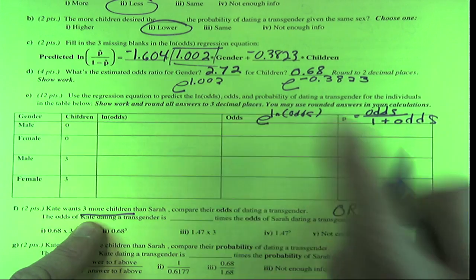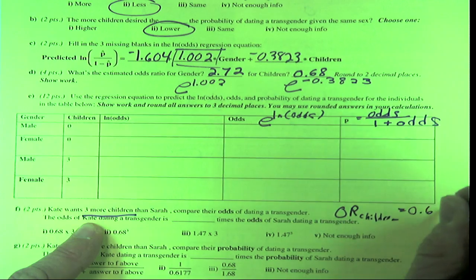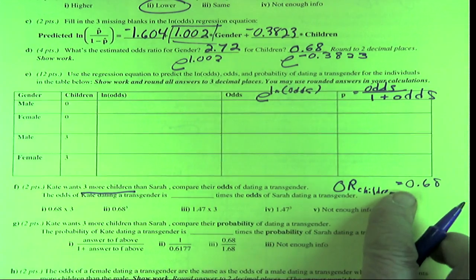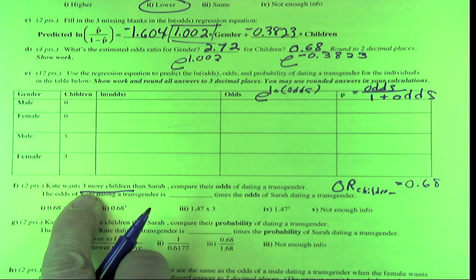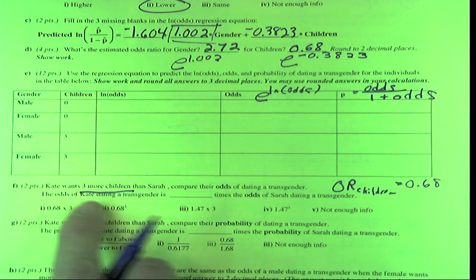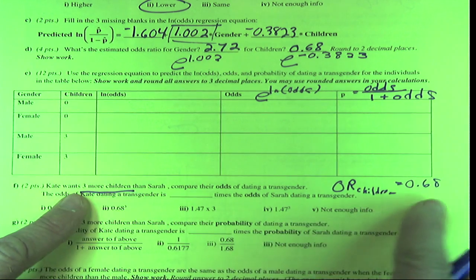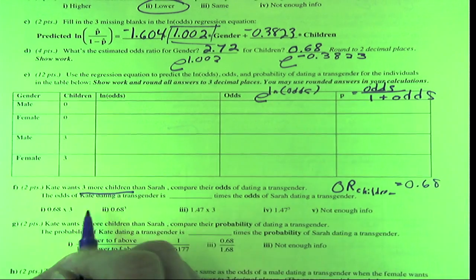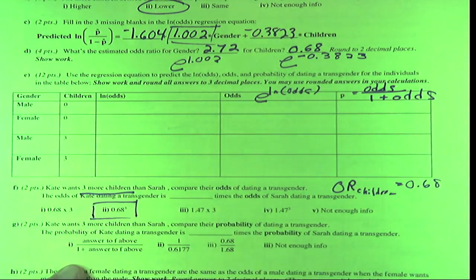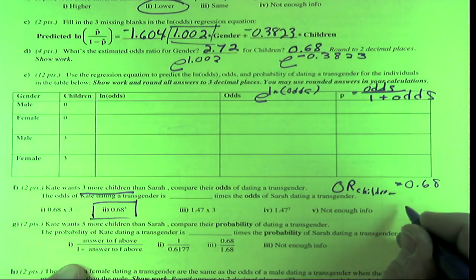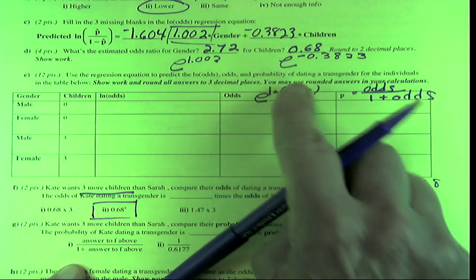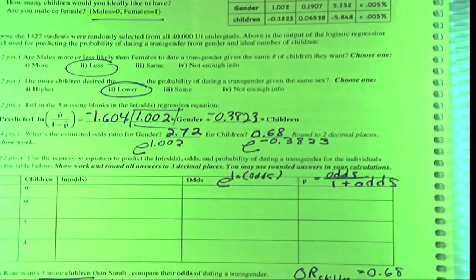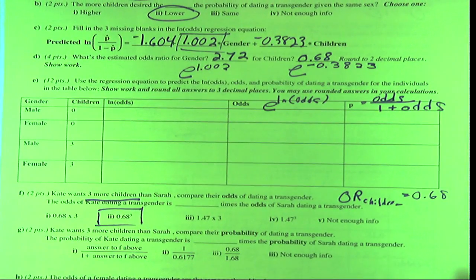And that's equal, we just did it. That's the multiplicative change for each one increase in x for children. So it's multiplying 0.68 times 0.68 times 0.68. That's your answer. Same as this times 3 up here. All right, so that's the answer here.